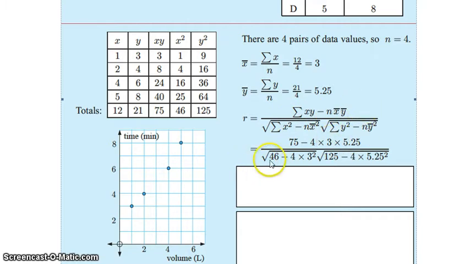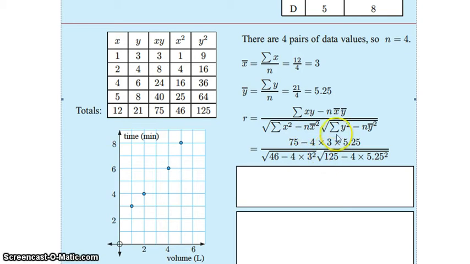All over the square root of the total of x squared, which is 46, take away n, which is 4, and this is the bit, as I say, that looks a bit confusing. It's simply the mean of x squared. Now you notice that in the example it's all typed out nicely for you, and that's what you should be doing. You should be writing out and substituting the numbers into the formula. Don't try to do it all in one go.